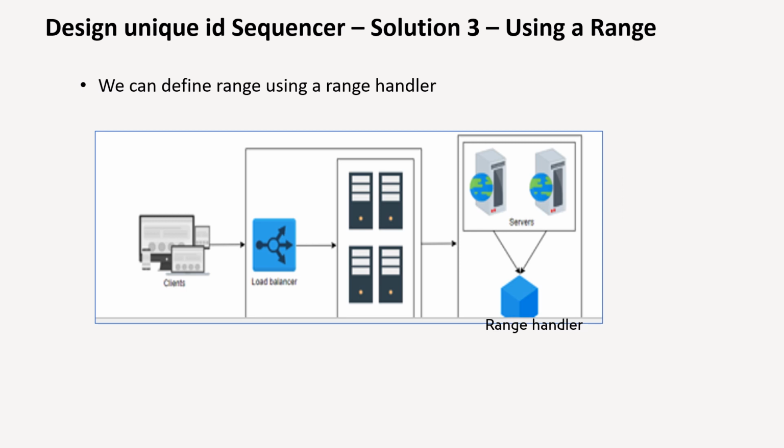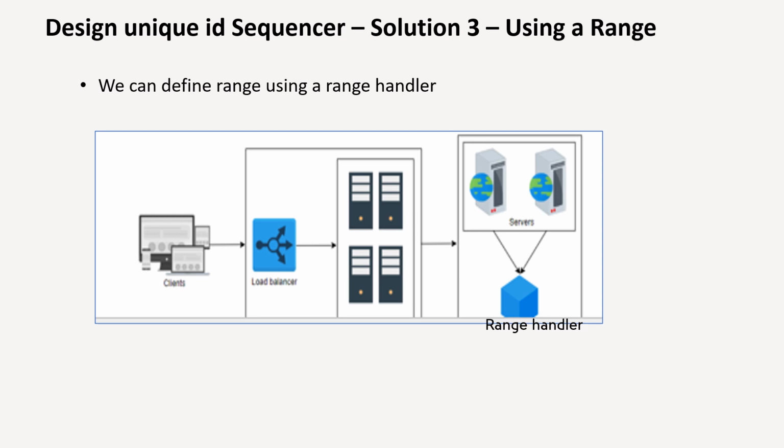Maybe for server one, it will say, okay, your range is 1 to 1 million sequence numbers, right? So you can assign these numbers to the events coming to you to process. And for the second server, it can say, okay, your range is from 1 million 1 to 2 million, right? So we define the ranges for these servers, and they are assigned by the range handler.